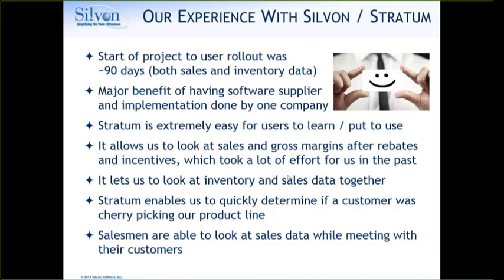It quickly allowed us to start getting a better handle on which customers are cherry-picking our product line, and we reacted to it accordingly. It did bring some additional margins down in some areas, to our product line, our gross margin in some areas.